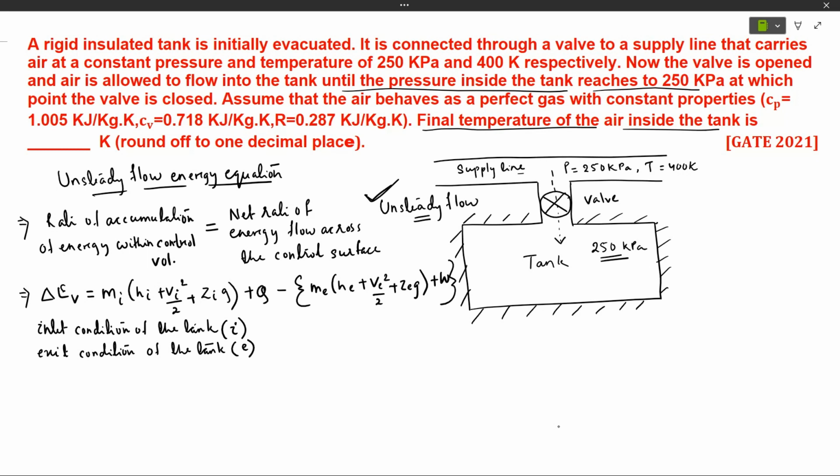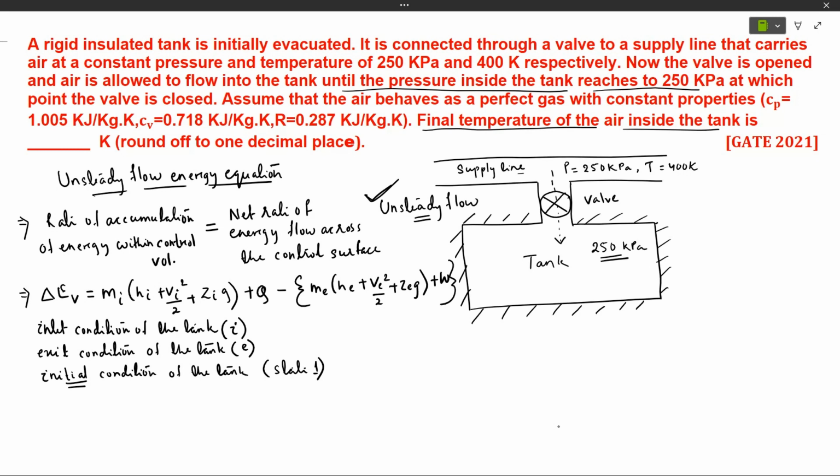Next we have to consider the initial condition of the tank. This is represented with state 1. It means in the beginning we have to consider what is the mass within the tank, or what is the energy within the tank.